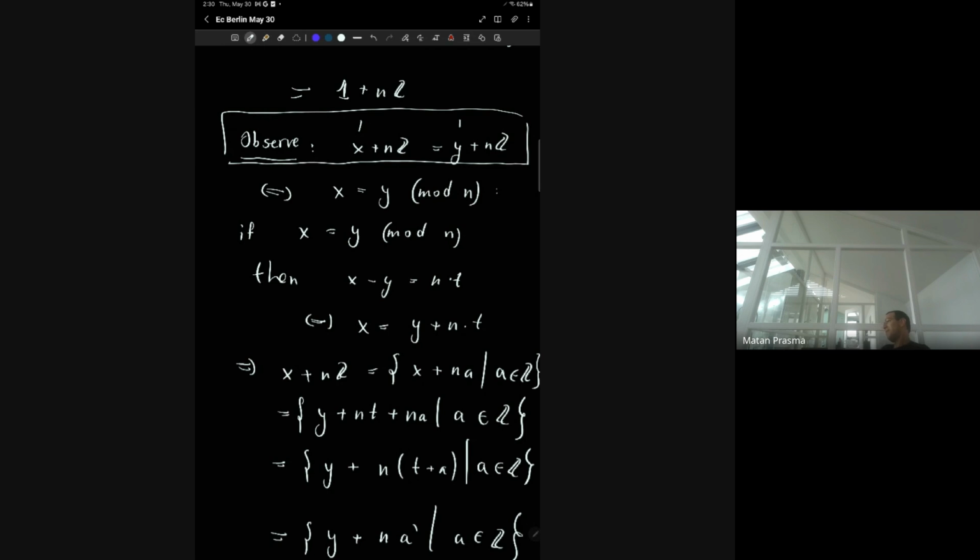But we will definitely see many examples of cosets, and eventually what we will do with these cosets is we will define quotient groups. But I don't want to jump ahead to that.